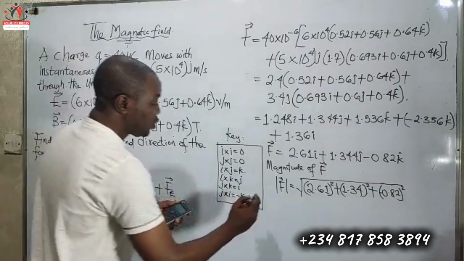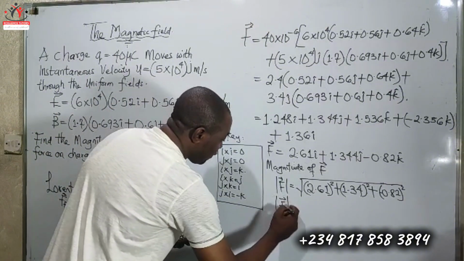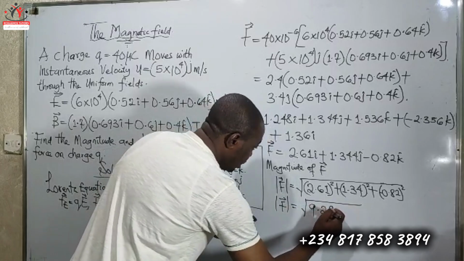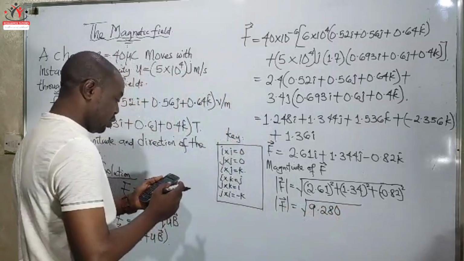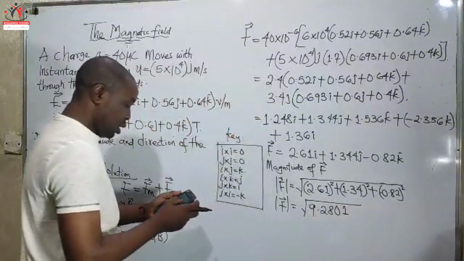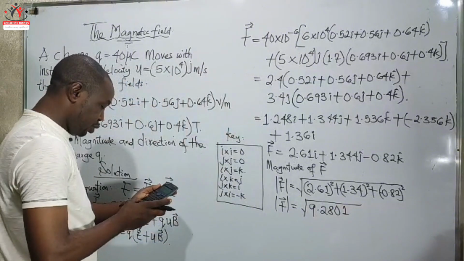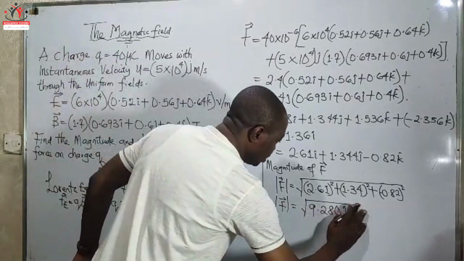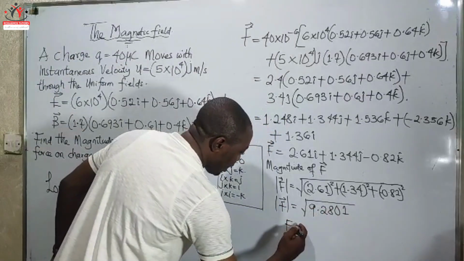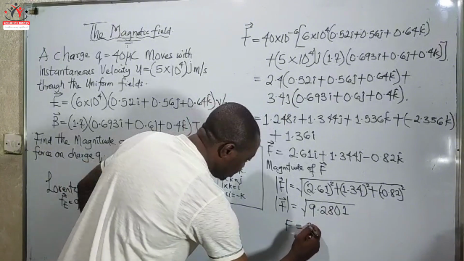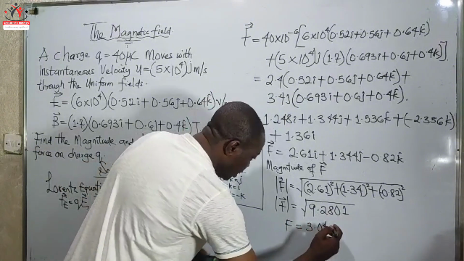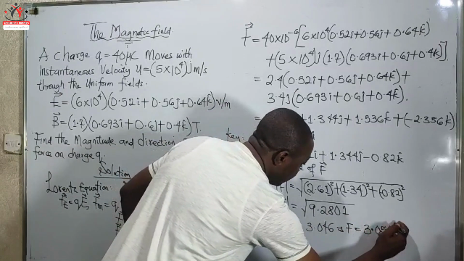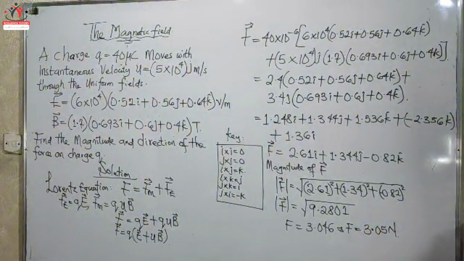When we add all of that together, the magnitude of F will be the square root of 9.2801. The square root of 9.2801 will be 3.046, so F equals 3.05 Newton.